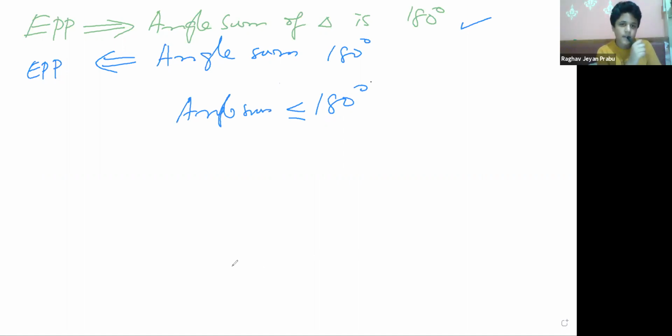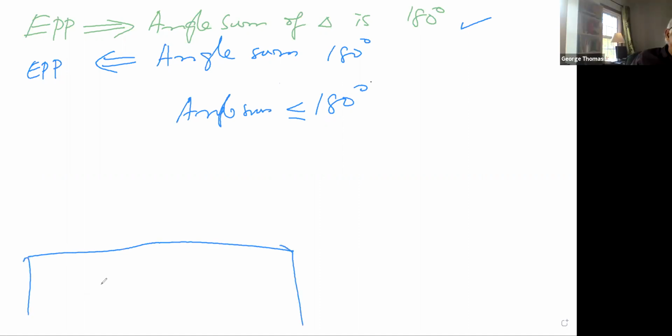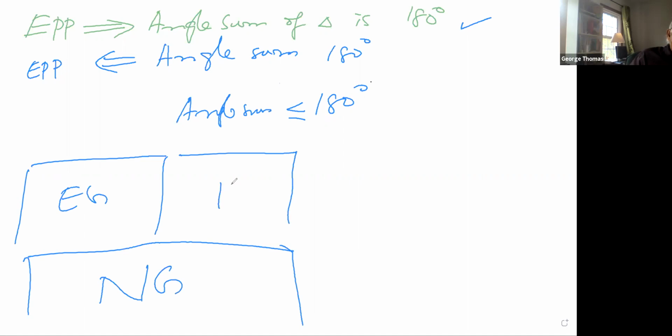Yes, sir. In neutral geometry, part of that is Euclidean geometry, and part of that is hyperbolic geometry. Follow? Over here, angle sum is less than or equal to 180 degrees. Over here, angle sum is 180 degrees.